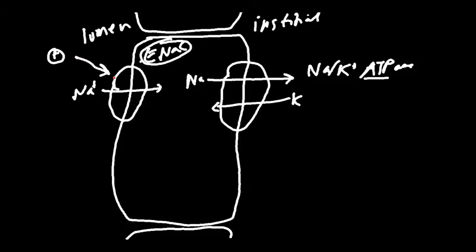So aldosterone is going to affect this channel and this pump. Normally in the body, we're going to increase this channel, and we're also going to increase this pump with aldosterone.